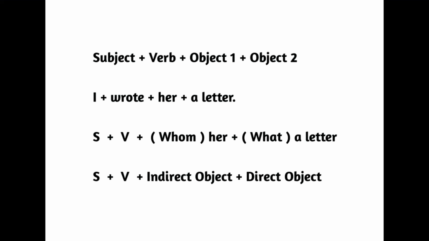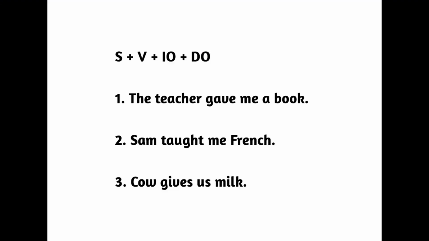To get the object, we need to ask question, what or whom. When you have 2 objects in the sentence, if the subject and verb answers for whom, it is indirect object. If the subject and verb answers for what, it is direct object. Look at these examples. The teacher gave me a book.